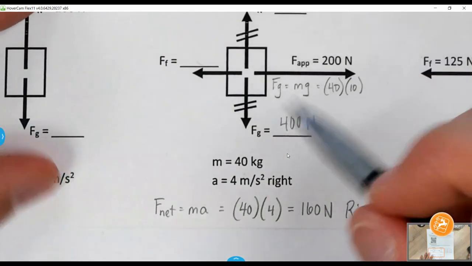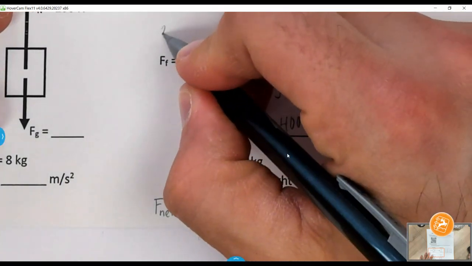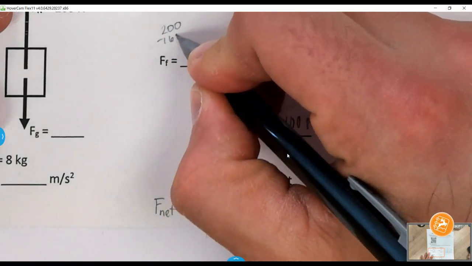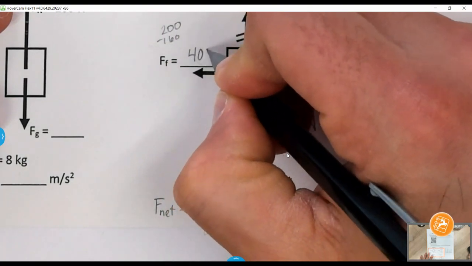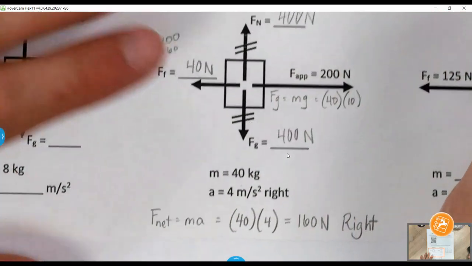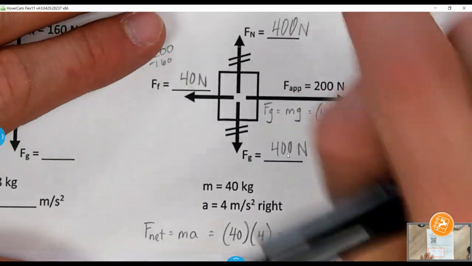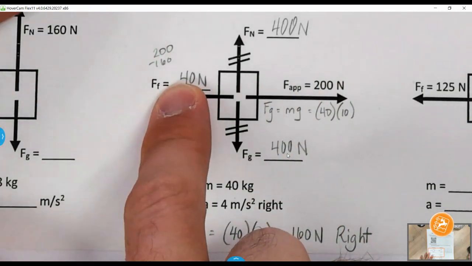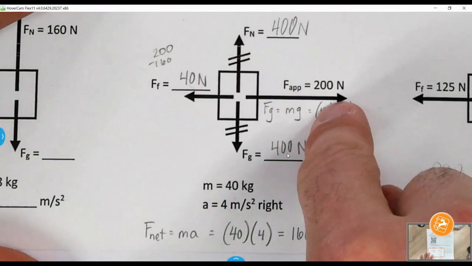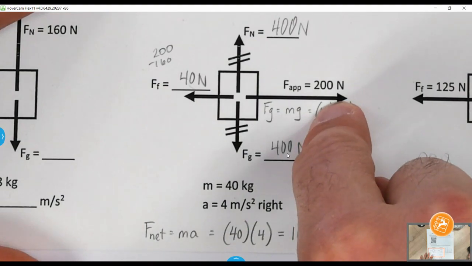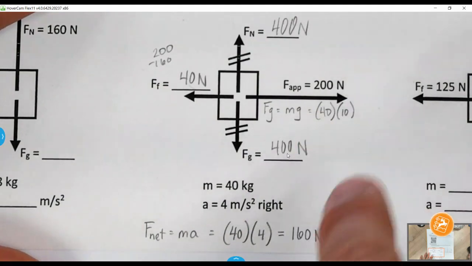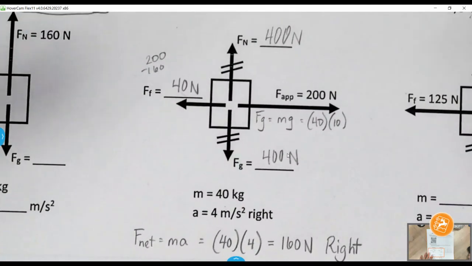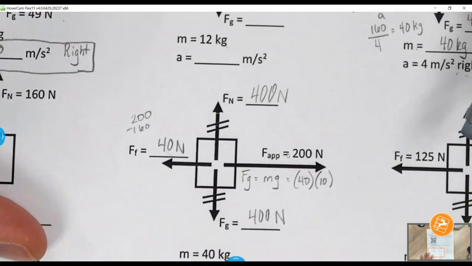We subtracted. All I did was do 200 minus 160 and got 40 newtons. If I just double checked top and bottom balance, I would be doing 200 minus 40 is 160. And since this was the larger number, that would be the direction of the net force to the right, which matches. So this is fully done and complete.